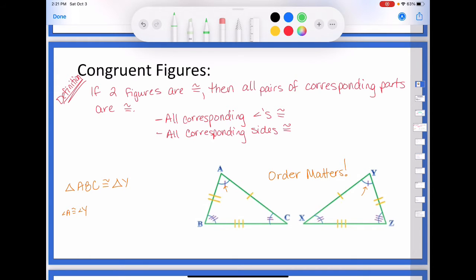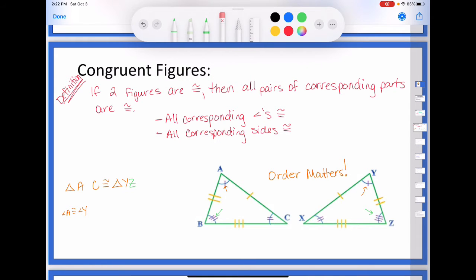Now I have to be careful, right? What angle does angle B correspond to? B corresponds to angle Z. So Z has to be my second letter. I'm going to change the color here a little bit.